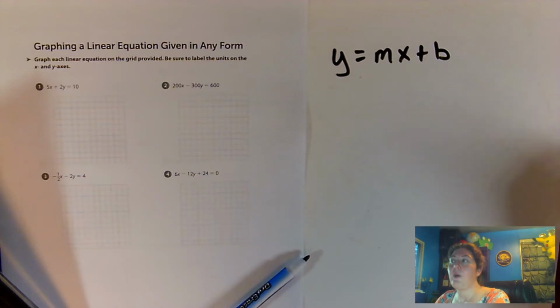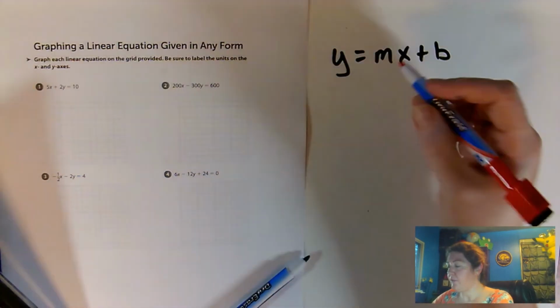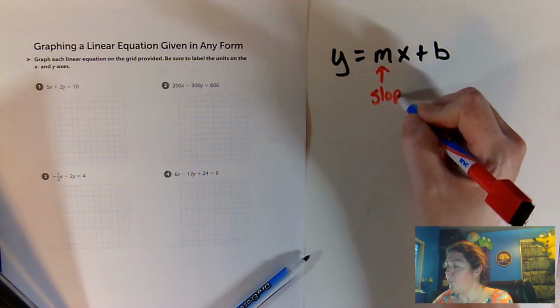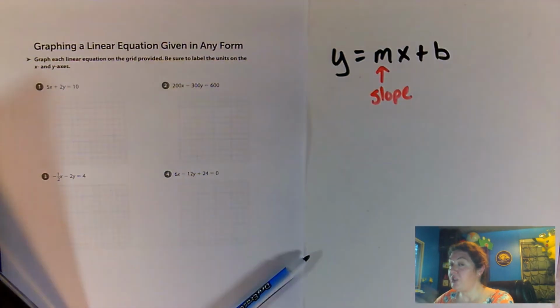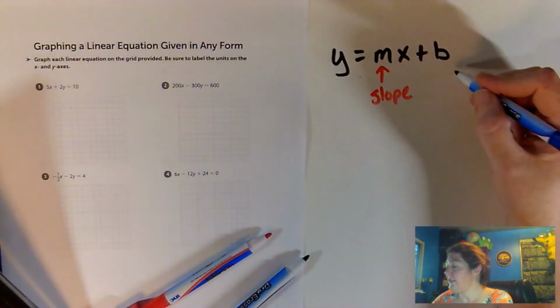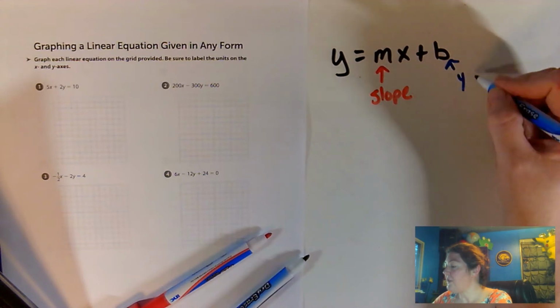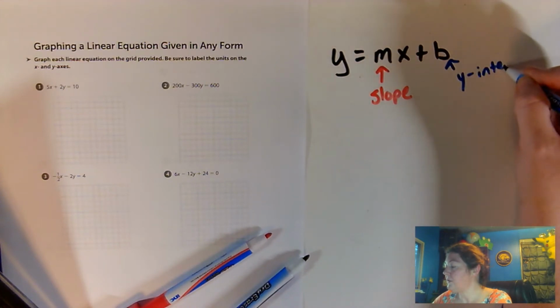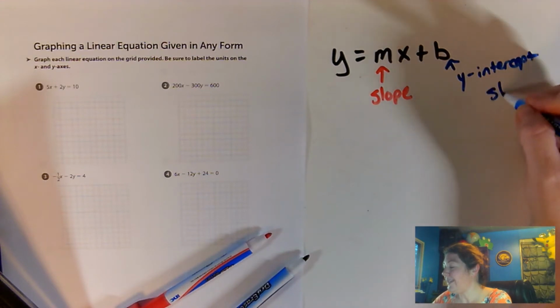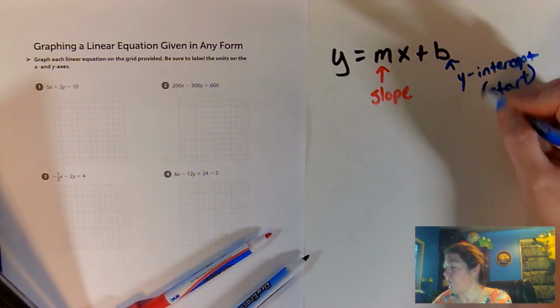My y variable needs to be over here by itself. M is my slope, and we just talked about slope in the last video. And b is my y-intercept, or I like to call it my starting point.